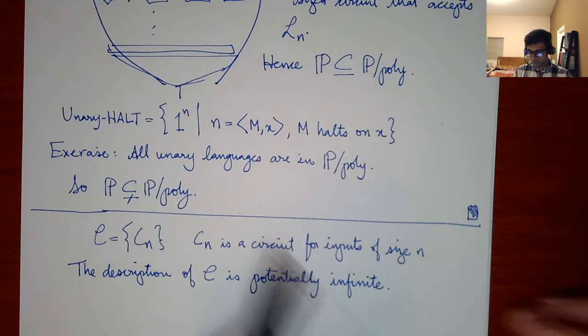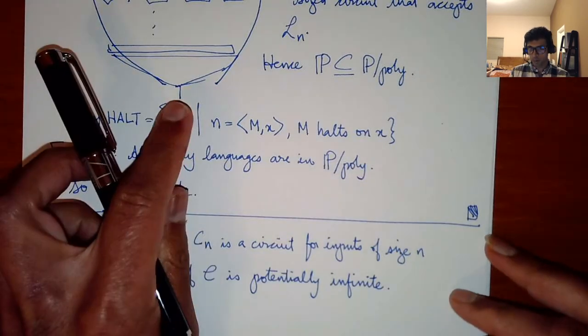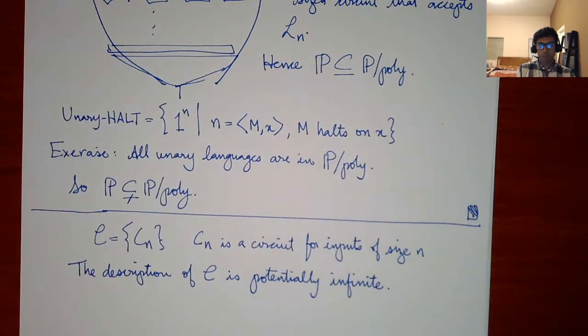Okay. So if you were to not do the unary part, you could have multiple different encodings of m and x which all have the same length. And you would need one circuit that figured out which of those are in the halting language, which we don't know how to do. At that point, you'll bump back into undecidability.